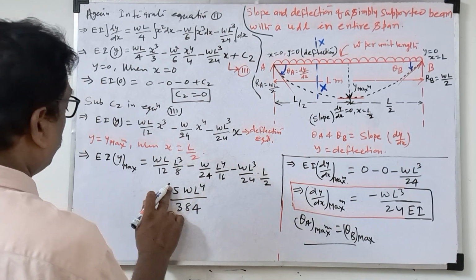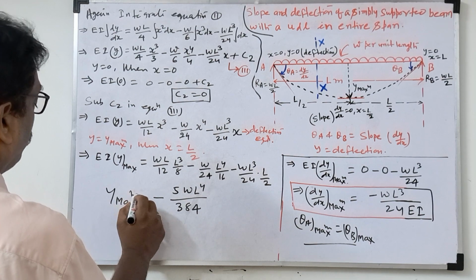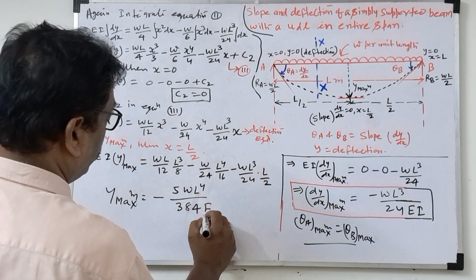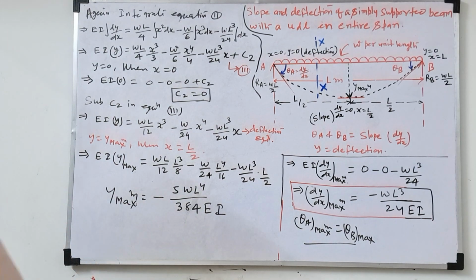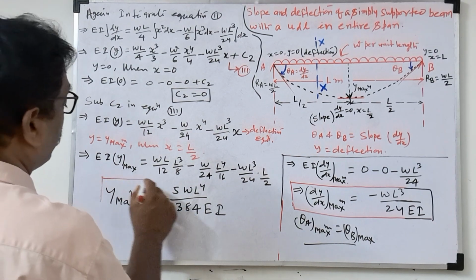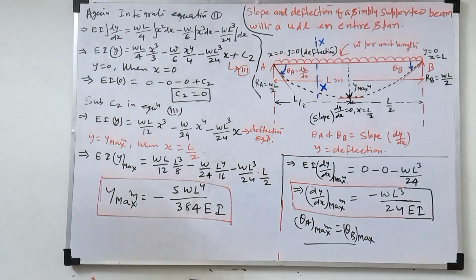Then EI comes here. So this is the equation of the maximum deflection. So the maximum deflection is minus 5WL power 4 by 384 EI.